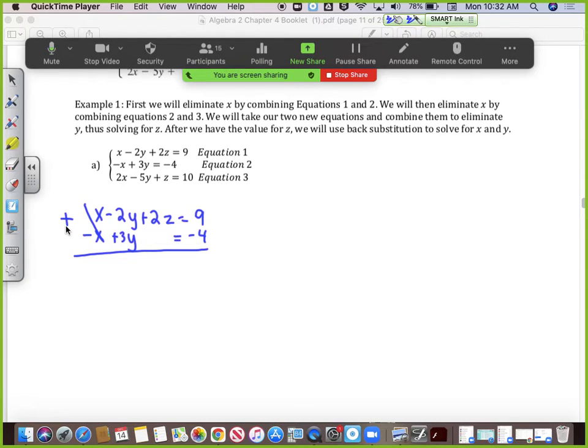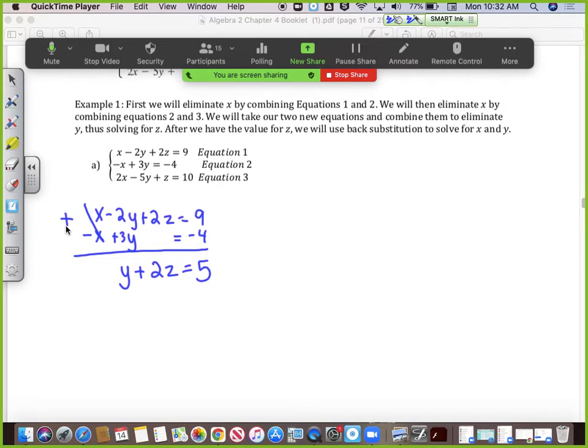So I'm going to take negative 2y and add it to 3y. That's going to be a 1y plus 2z plus 0, z is just 2z, and 9 plus negative 4 is 5. So what I did with this first step is I took equation 1 and equation 2 and added them together. And I got my new equation here, which is y plus 2z equals 5.